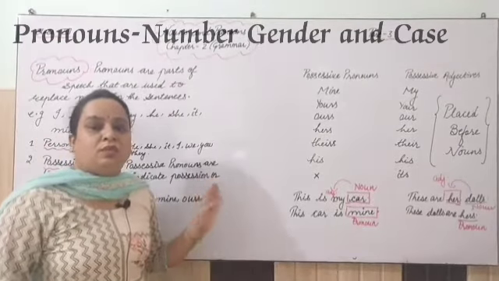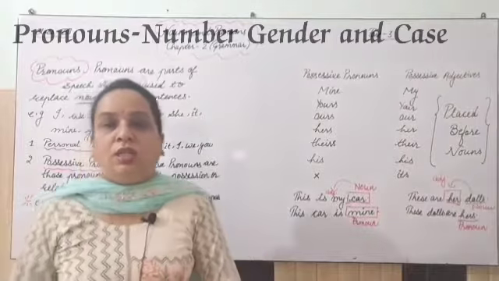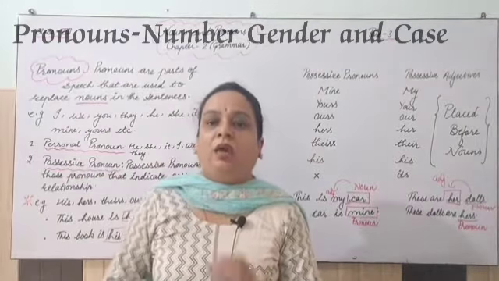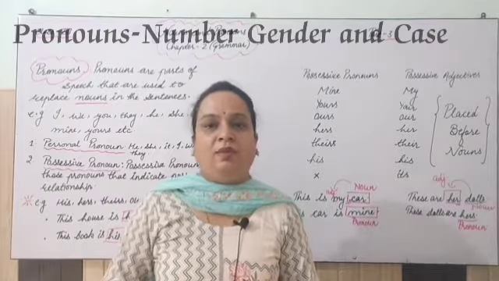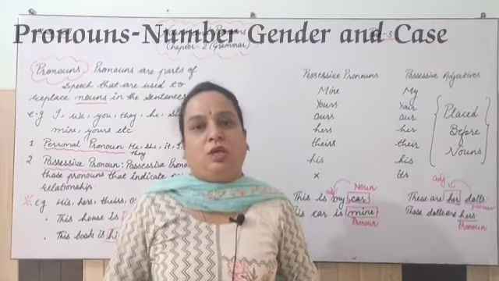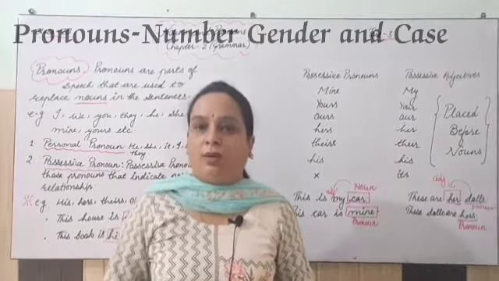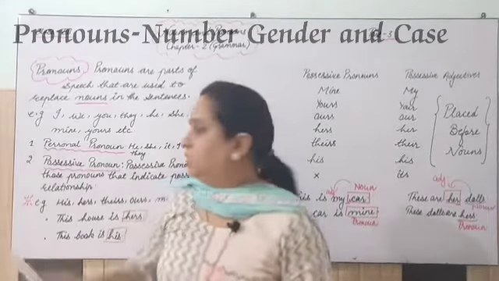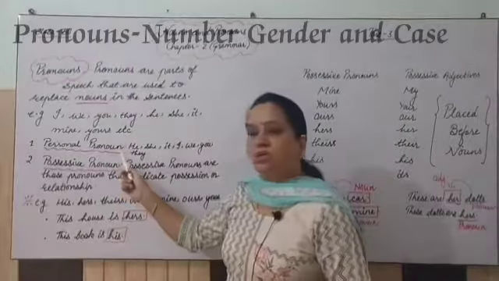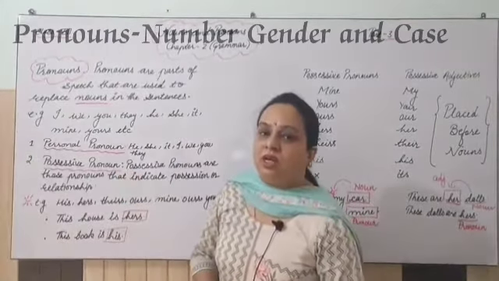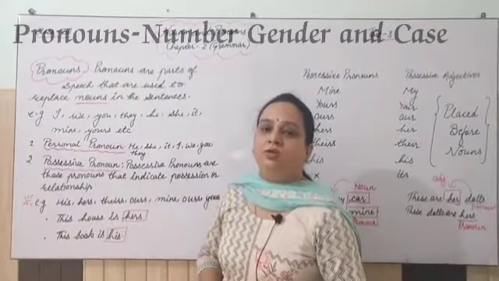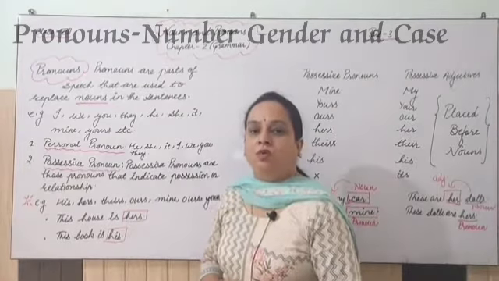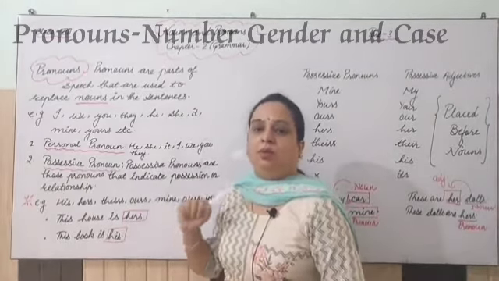This is the possessive pronoun. So dear students, in this video we have covered pronouns, their definition, and their role. We have seen that they may be used as subjective personal pronouns and objective personal pronouns. Then we did the first kind of pronoun, the personal pronoun, which can be used in two ways: subjective personal pronoun and objective personal pronoun.